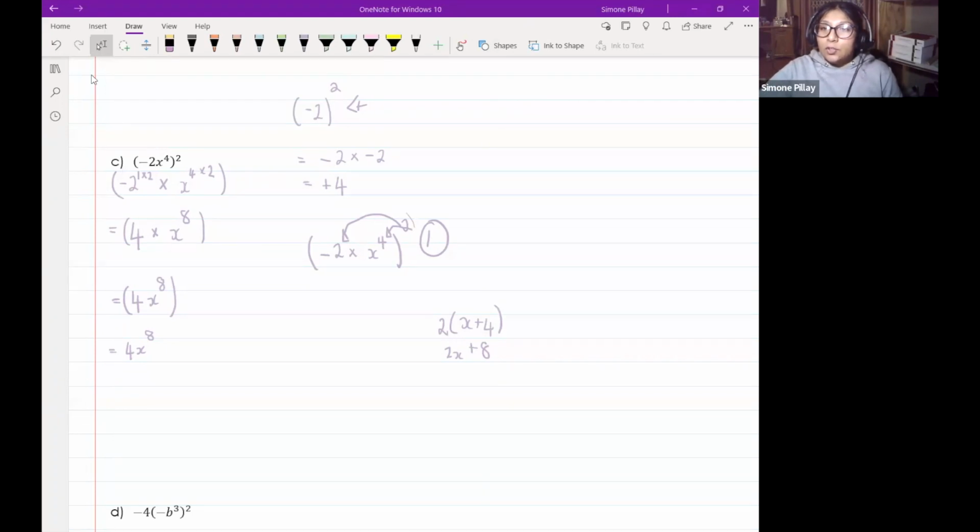Okay. So remember what I said? I said that the law says that when I have a power being raised to a power, I use law 3. And what does the law say? The law says that I multiply the exponents. Can you tell me immediately what is the exponent of negative 2? Is 2, ma'am.